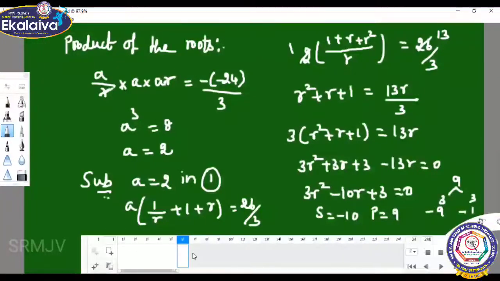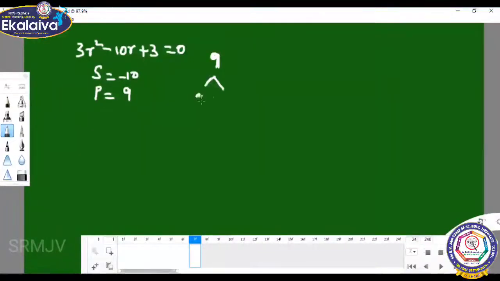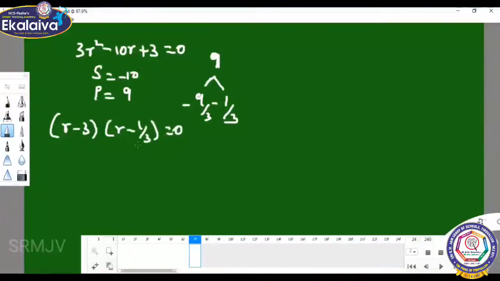So splitting the middle term, we get r minus 3 into r minus 1 by 3 equals 0.